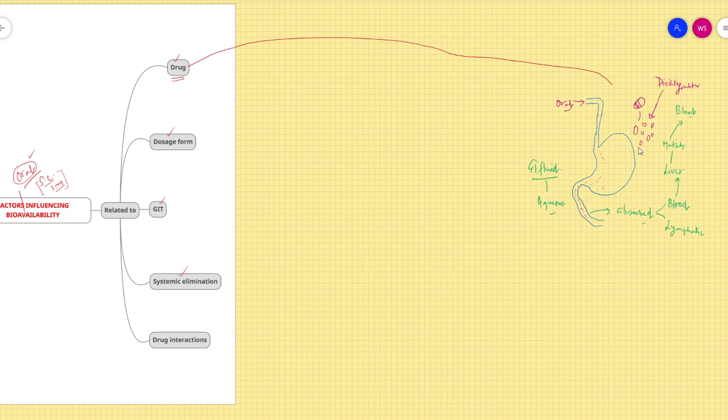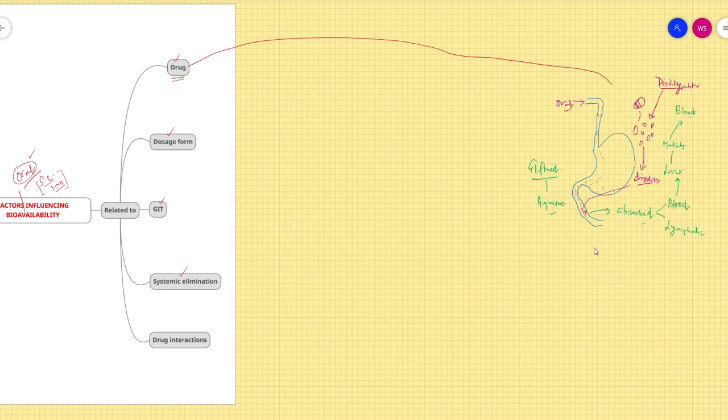After disintegration, it dissolves. After it gets dissolved, only then does it get absorbed.